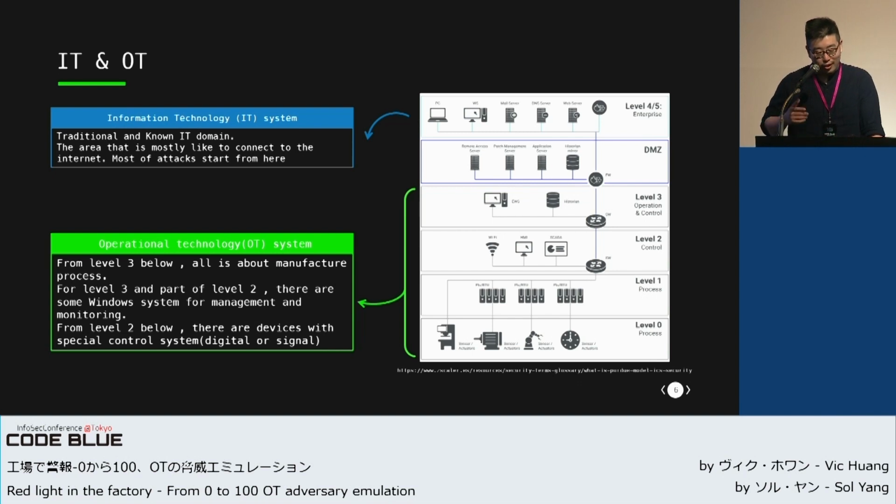So there are PCs and also the web server. And from level 3 below is the operational technology system, OT. Especially from level 2 below, they are special. They are devices controlled by special control protocols.